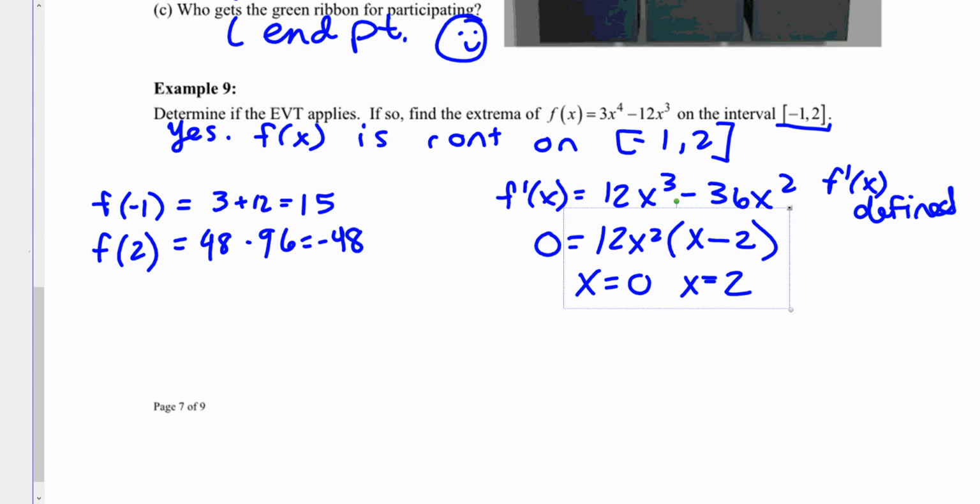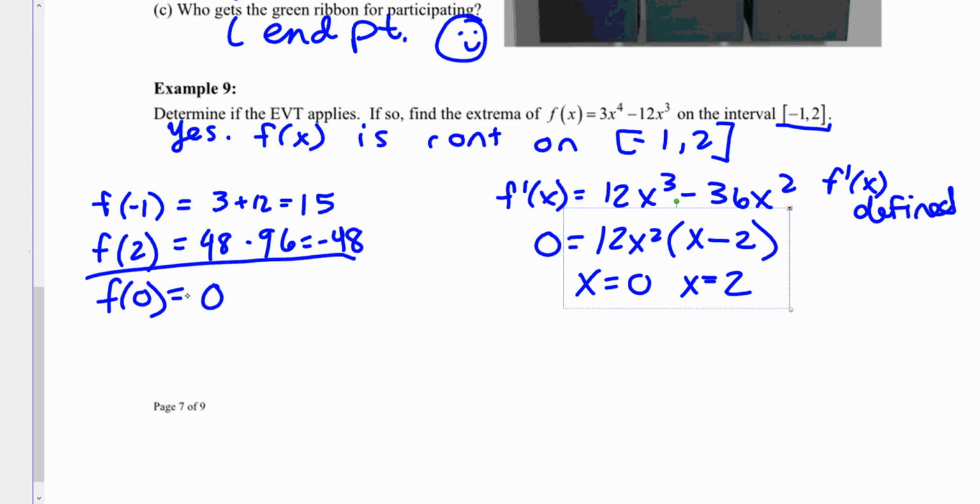If I plug 2 into the function, I already did, so we have -48. If I plug 0 into my original function, remember, we're going to get 0. So take a look at these values here.